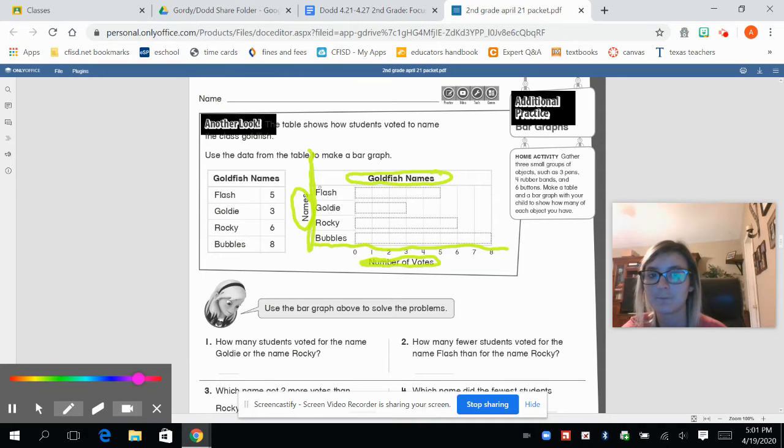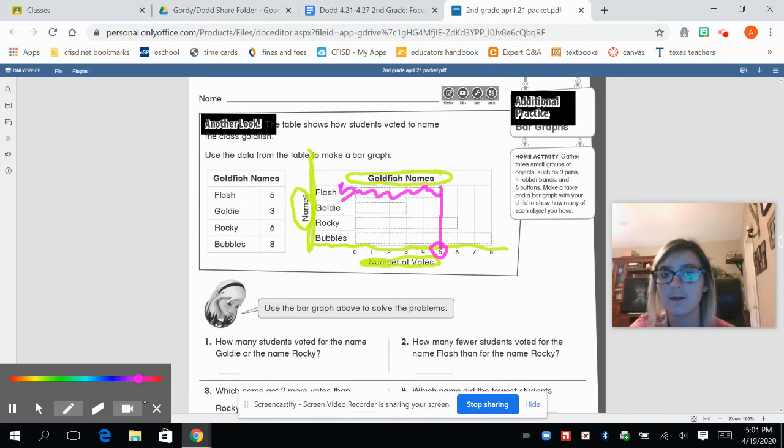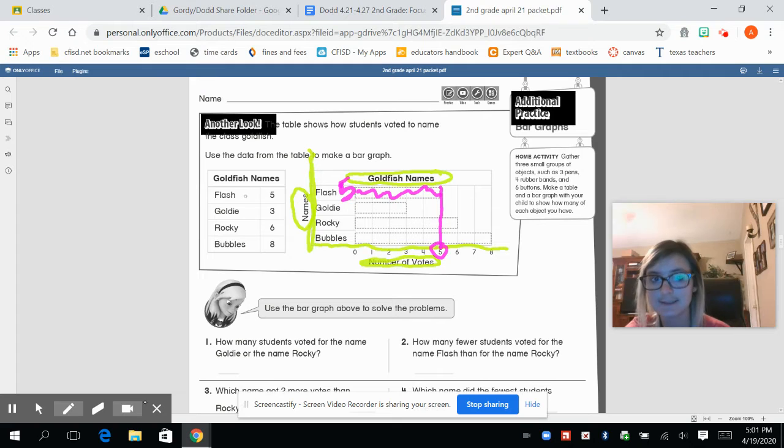It's Flash. And we want to look and see how much this is right here. So we're going to go to the end and follow this line all the way down until we get to the 5 right here. So we know that there were 5 votes for Flash, just like it said over here.